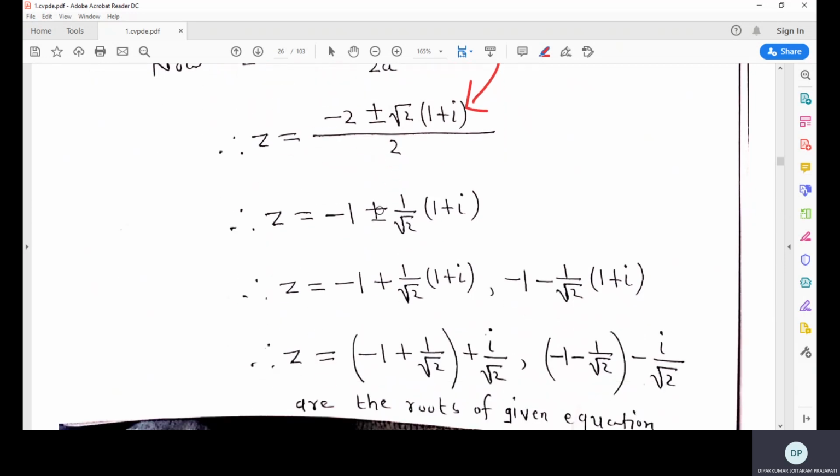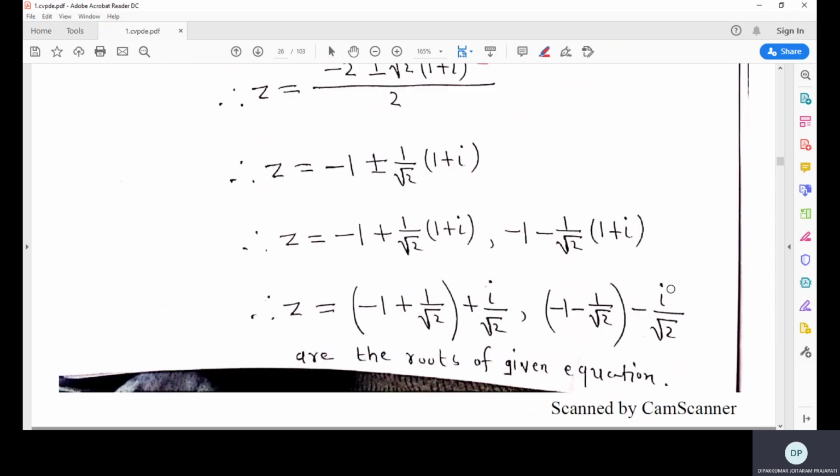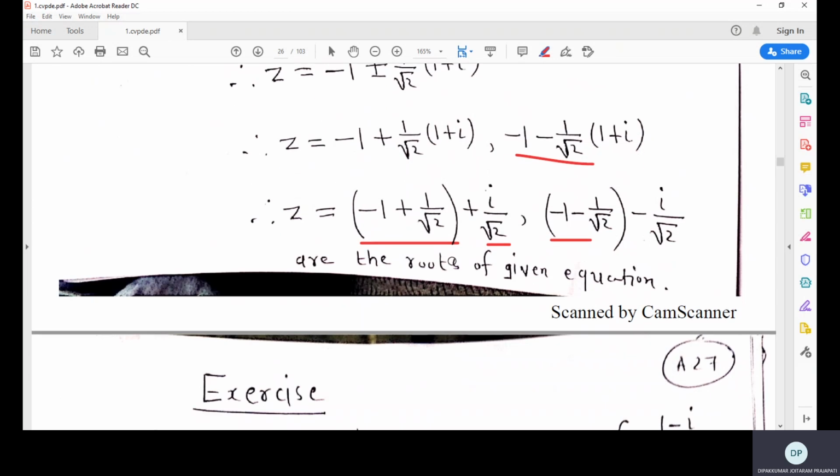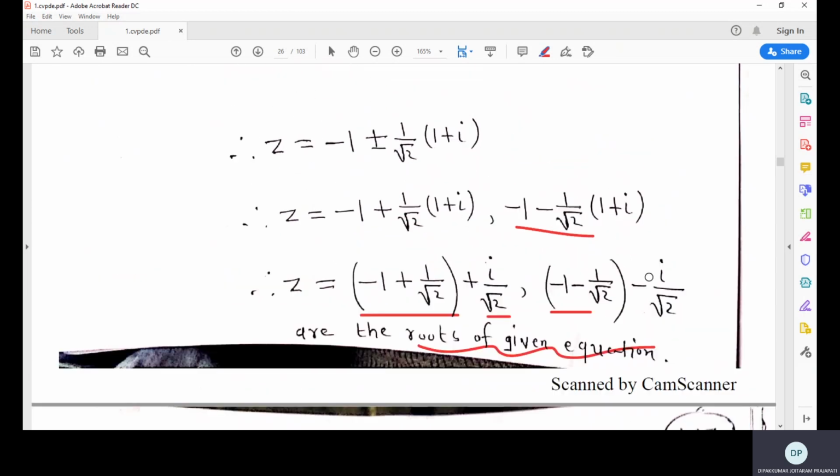If I take the positive sign, I obtain minus 1 plus 1 by root 2 into (1 plus i). If I take the negative sign, minus 1 minus 1 upon root 2 into (1 plus i). Collecting terms with i and without i, the first is (1 by root 2 minus 1) plus i times 1 by root 2. Similarly the second can be written as minus 1 minus 1 by root 2 minus i by root 2. So these are the roots of the given equation.